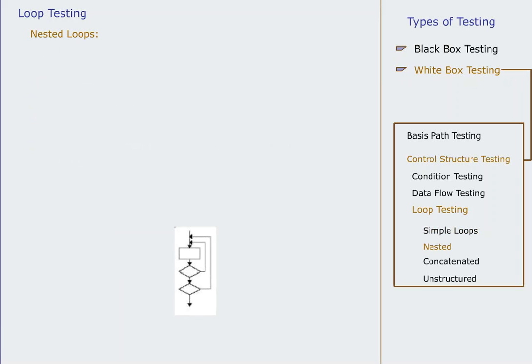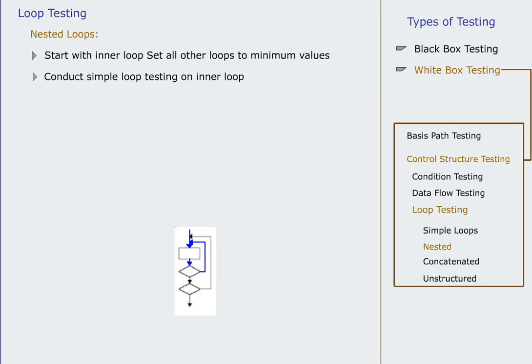Nested loops. Start with inner loop, set all other loops to minimum values. Conduct simple loop testing on inner loop. Work outward. Continue until all loops tested.